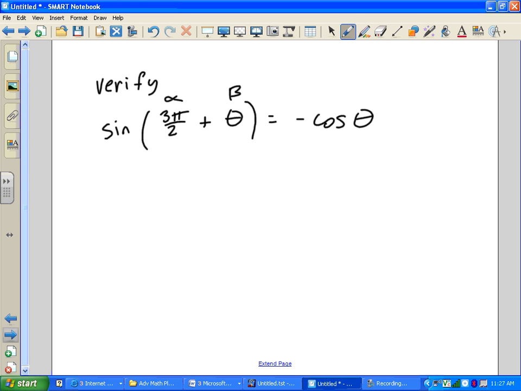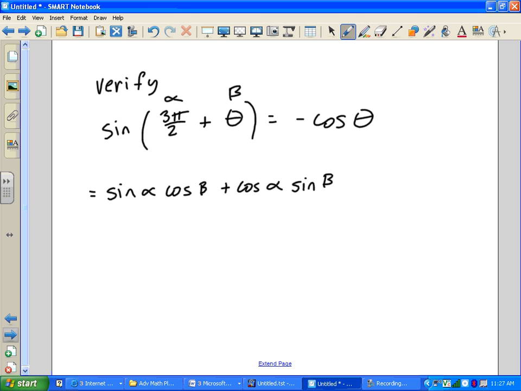That rhymes. All right. Now, let's write out our formula here, okay? So the sine of alpha plus beta, all right, what does it look like? Let me write it down here. Sine of alpha plus beta. Okay, so it's sine alpha times cosine beta plus cosine alpha times sine beta.